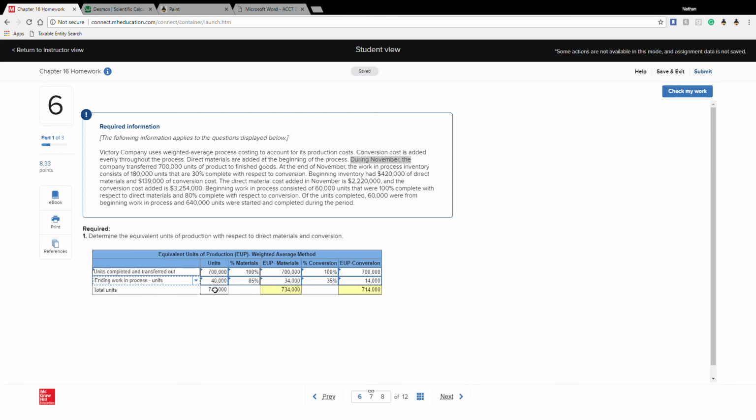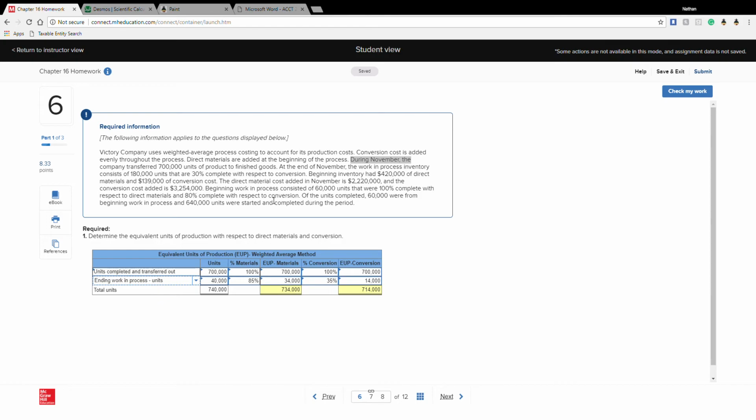Okay, so that's fixed. At the end of November, the work in process inventory consists of 180,000 units that are 100% complete for direct materials or 30% complete with respect to conversion. Beginning inventory: 4,000 of direct materials and 139 of conversion costs.